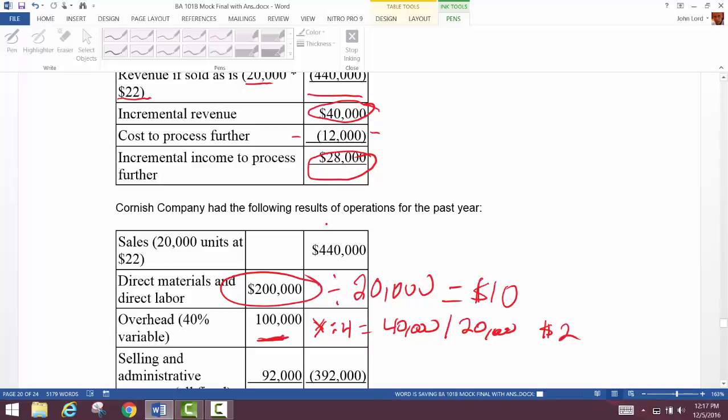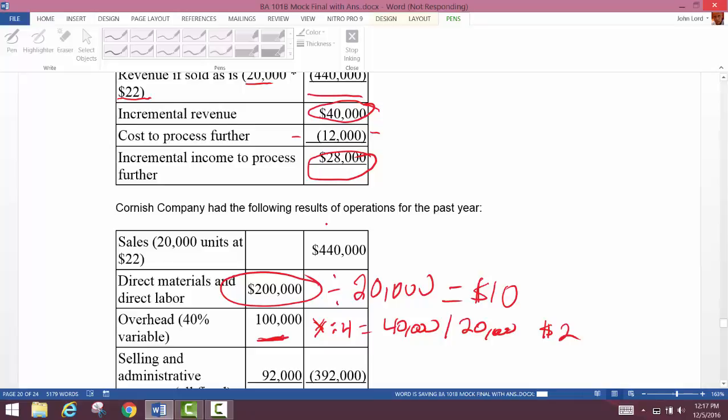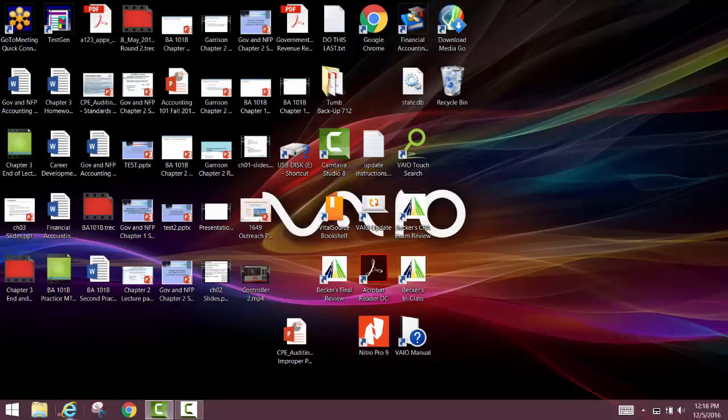Now it's back, but for some reason I can't. Let's see if maybe when I save it, it'll let me come back. This is why I need the i7 processor in the tablet. Okay.